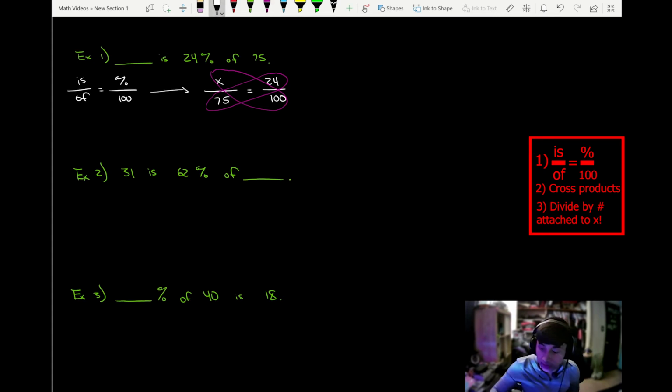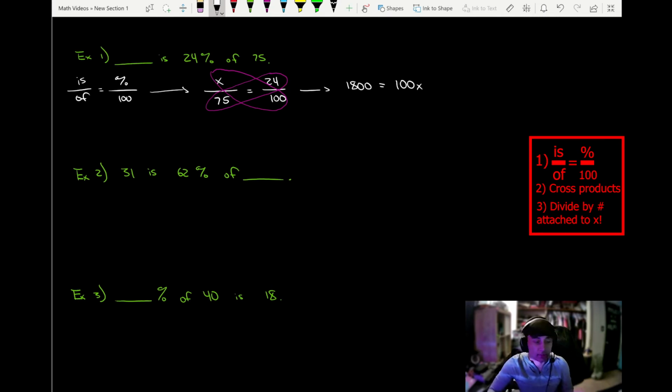So 75 times 24, I'm not going to do the long multiplication just to save time. 75 times 24 is 1800, okay? So 1800, and then we have 100 times x. And since we don't know what x is, 100 times x is just 100x. This means 100 times x, okay?